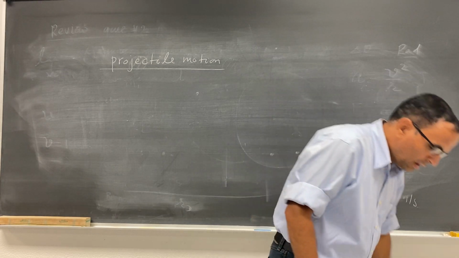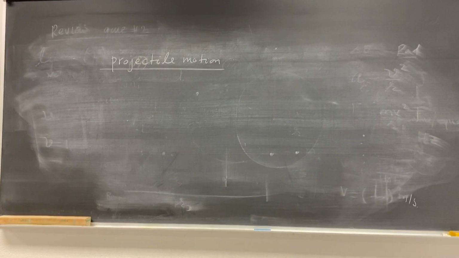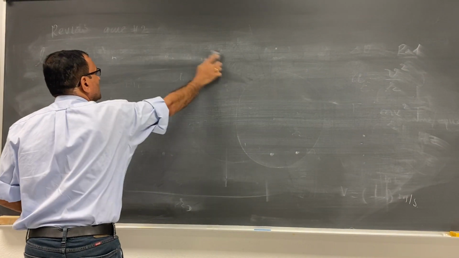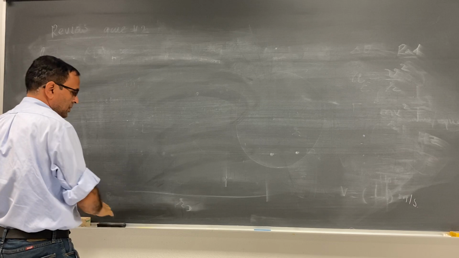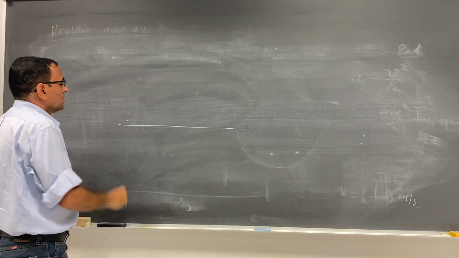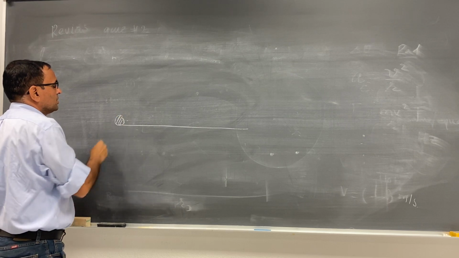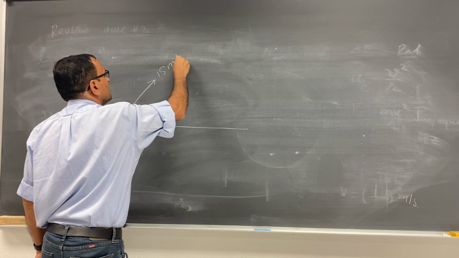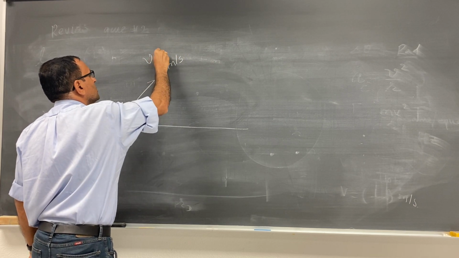That's one thing. And another thing is, let us suppose this is your horizontal line, and you kick the object from here. Let us suppose this velocity is 15 meters per second. Let me call this v0.